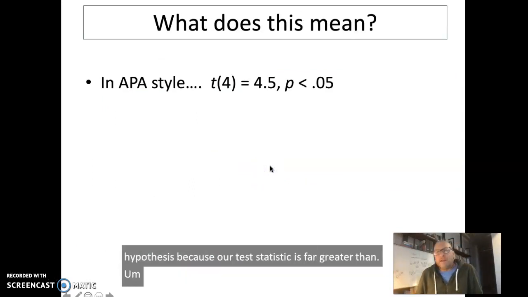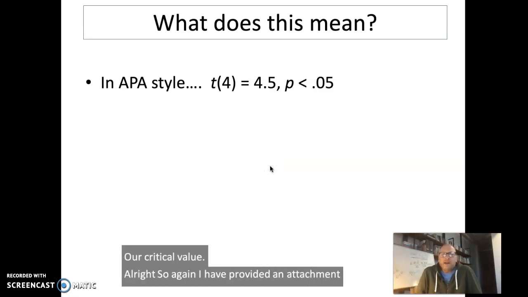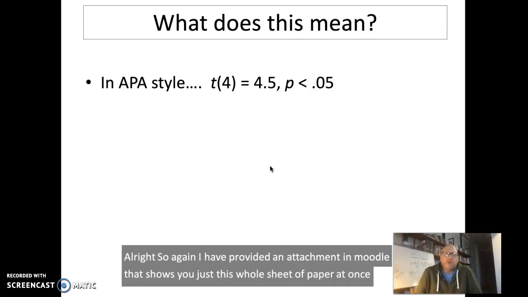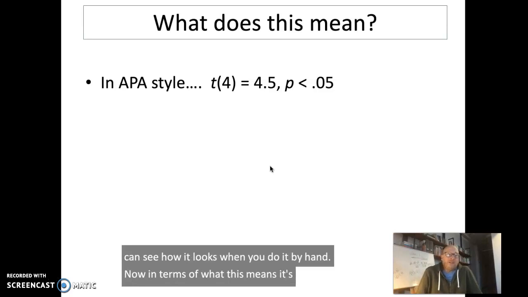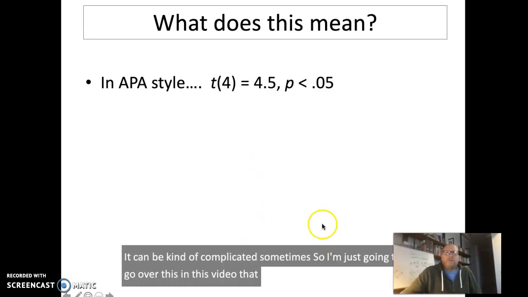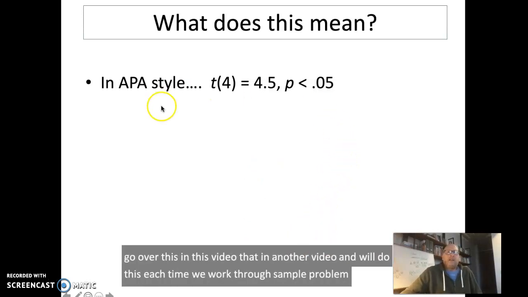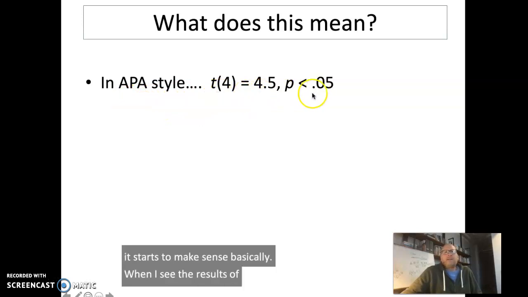Now I want to turn to what this means. It can be kind of complicated sometimes, so I'm just going to go over this in this video, then in another video, and we'll do this each time we work through a sample problem, and hopefully it starts to make sense. Basically, when I see the results of our test, I would write it out like this.